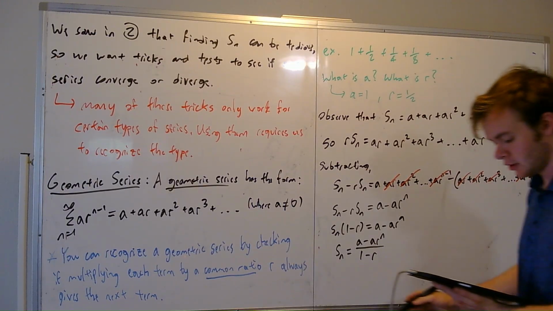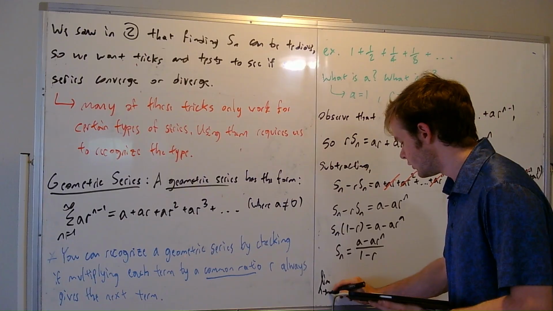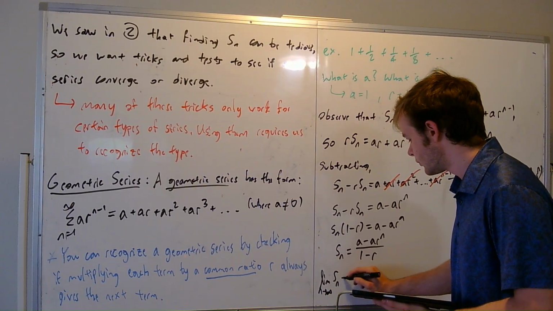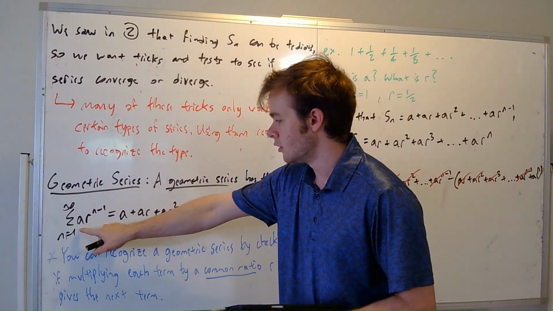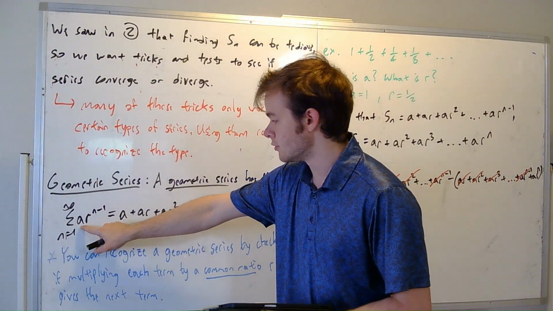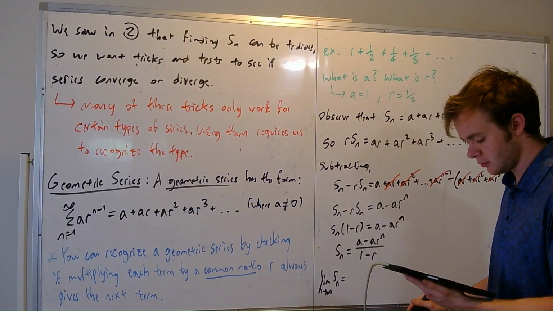But what we actually care about is the limit as n goes to infinity of Sn, because if we add together all the entries in the series, we care about what that's equal to.